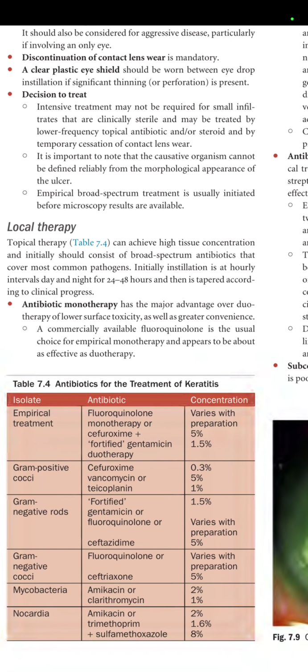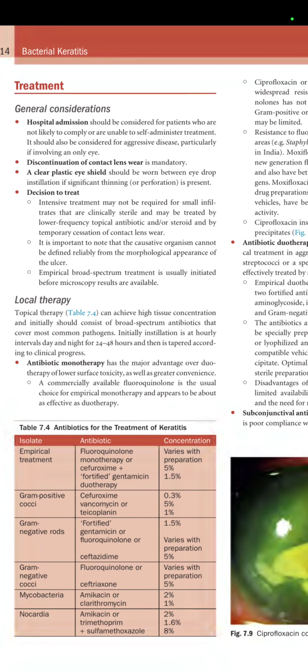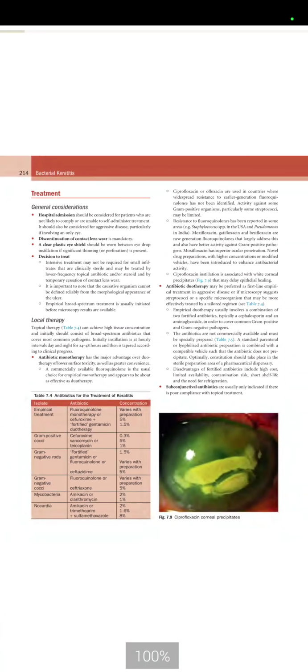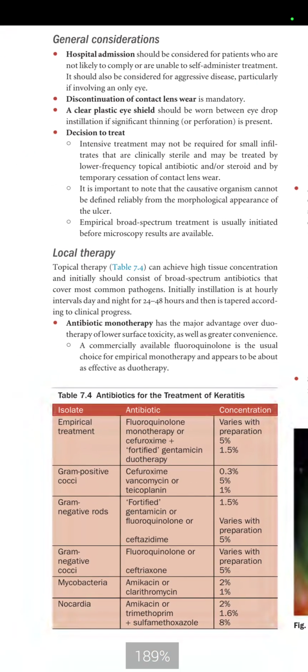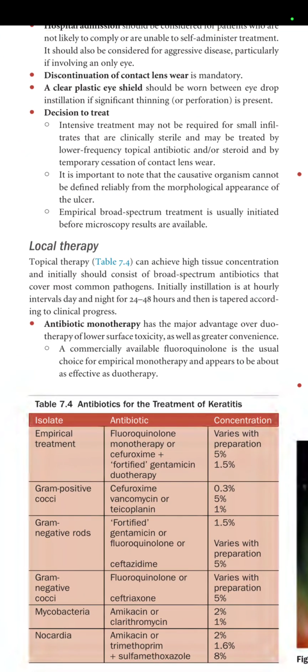Next we are going to treat with the local therapy. Local therapy means topical therapy. Topical therapy can achieve high tissue concentration and initially consists of a broad spectrum antibiotic that covers most pathogens.